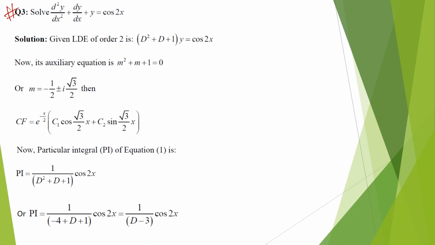Now we are considering the third example, y double dash plus y is equal to cos 2x. That means d square plus d plus 1 y is equal to cos 2x. Auxiliary equation is m square plus m plus 1. For solving this auxiliary equation we get the roots as complex. For the complex root we have to compare m is equal to alpha plus minus iota beta.